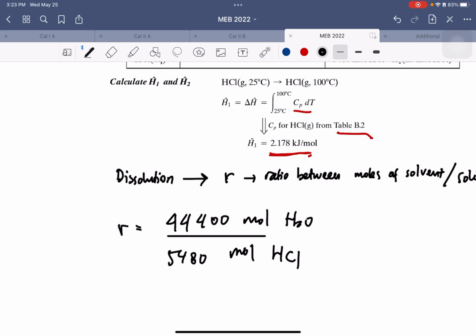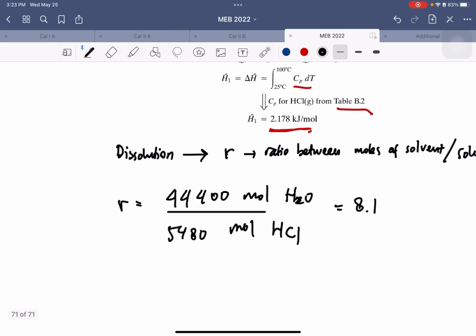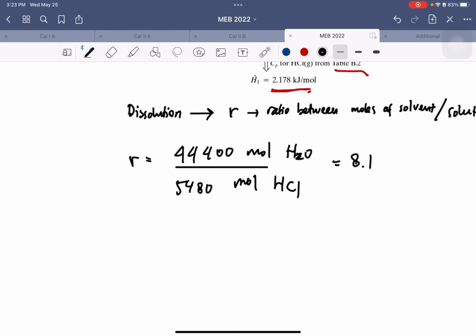If we compare, this will give you a ratio of 8.1. Now this 8.1, we are going to take into table B.11. So the HCl gas plus 8.1 water, we make a stoichiometric reaction.